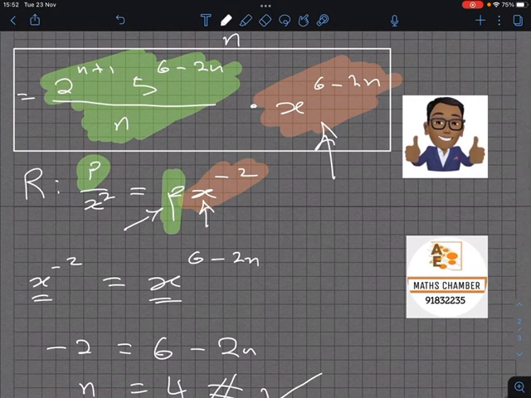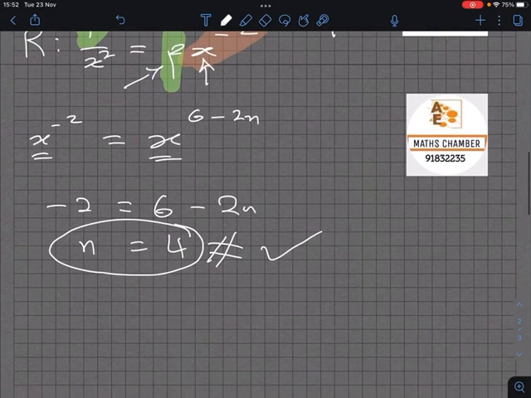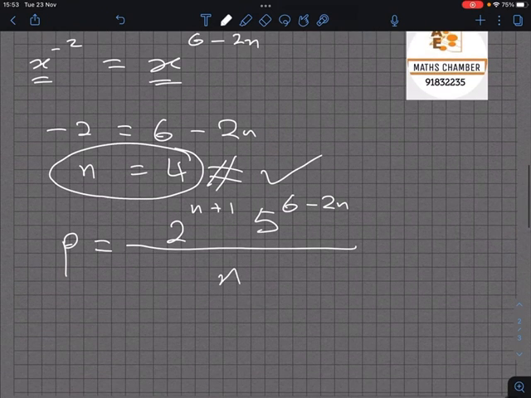Now the next one we need to find is your p, right? Your p is equal to the whole chunk here, and there's an n here, so we have to use the value of n that we found earlier on. Therefore your p is equal to 2n to the power of n plus 1, then 5 to the power of 6 minus 2n, over n, right? And n is 4, isn't it?